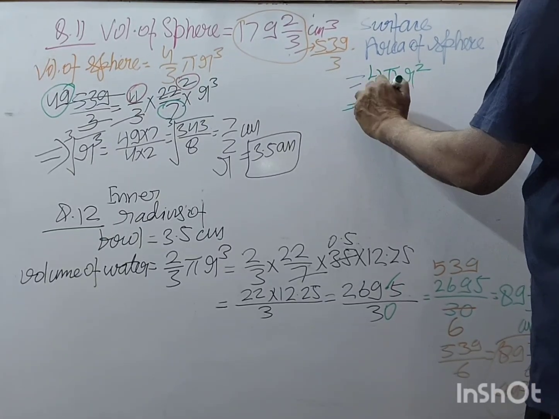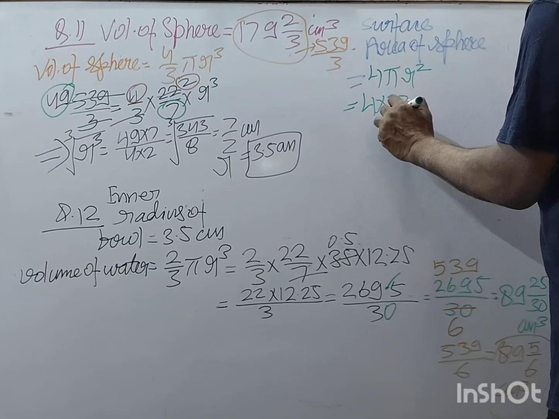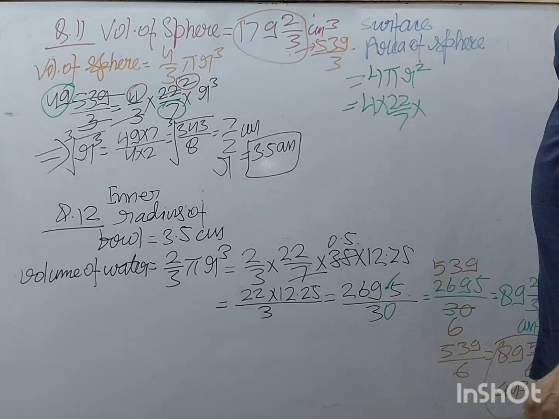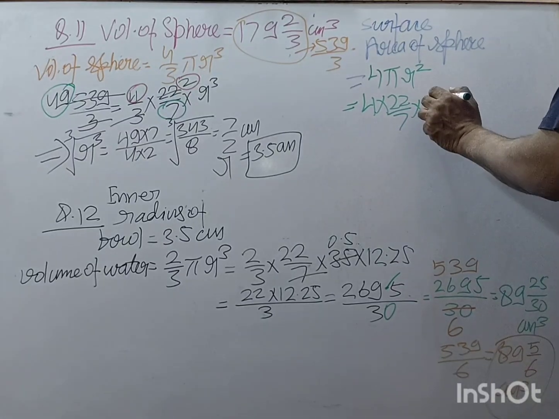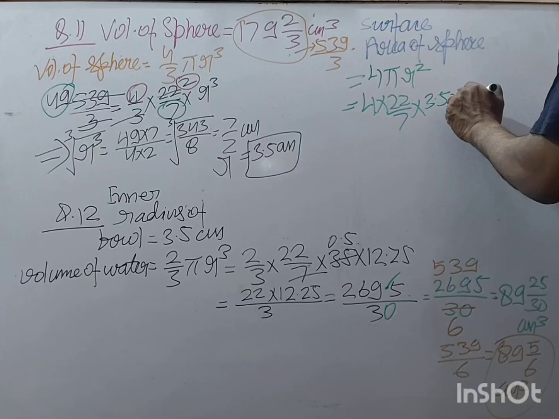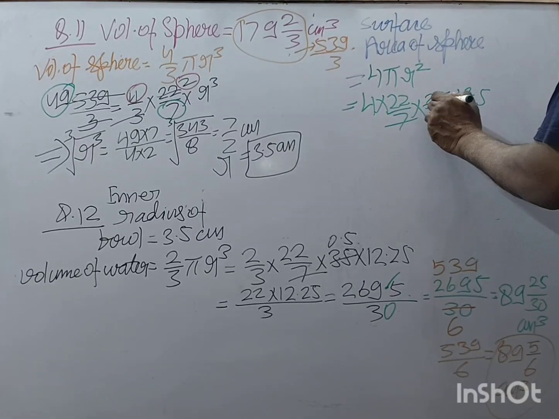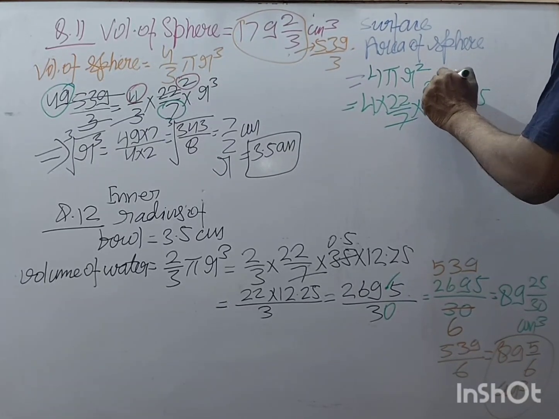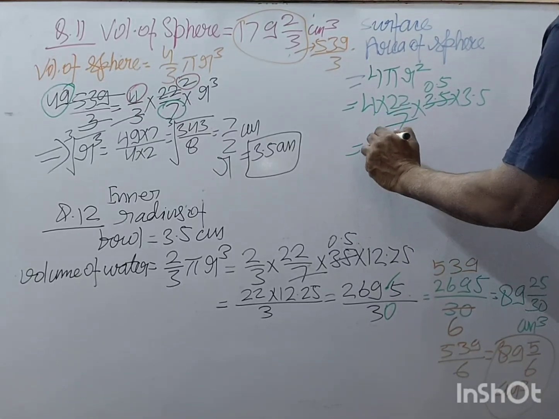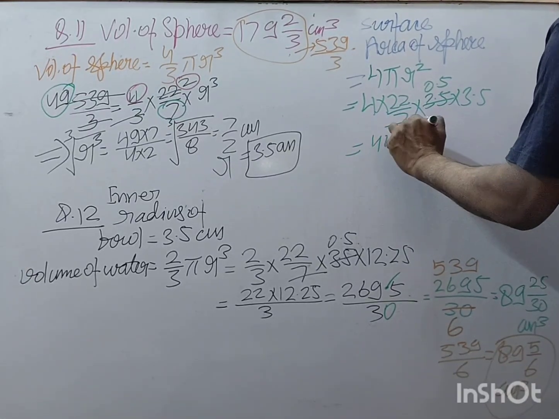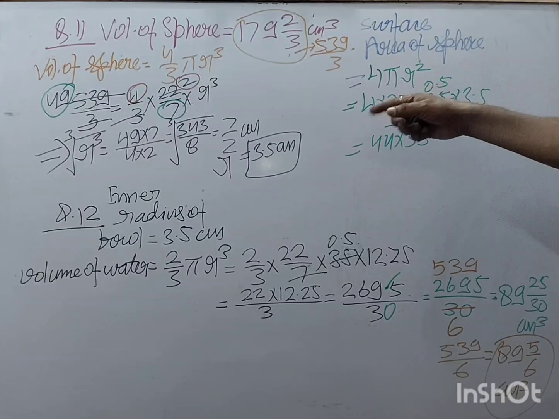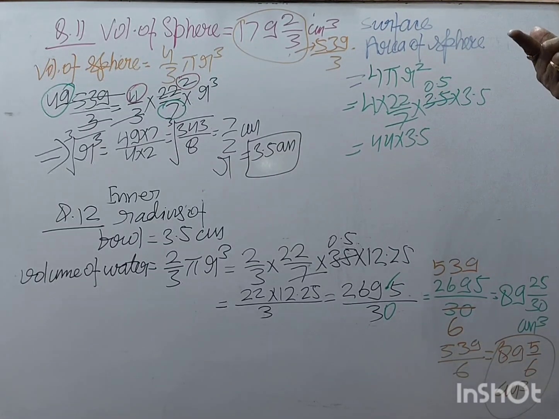Correct? It is how much? 3.5? Do you understand? 0.5 into 4 becomes 20. So 2.0.